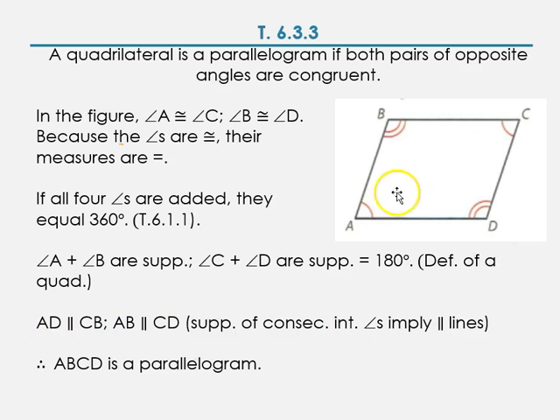Therefore, we can say that AD is parallel to CB, and AB is parallel to CD, and that's because of supplementary consecutive interior angles, and they imply parallel lines.